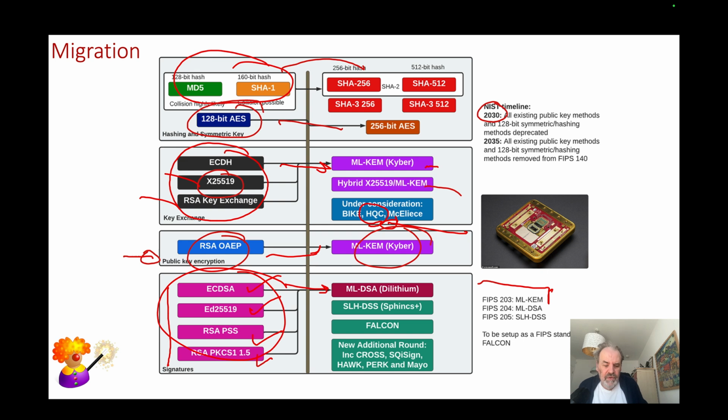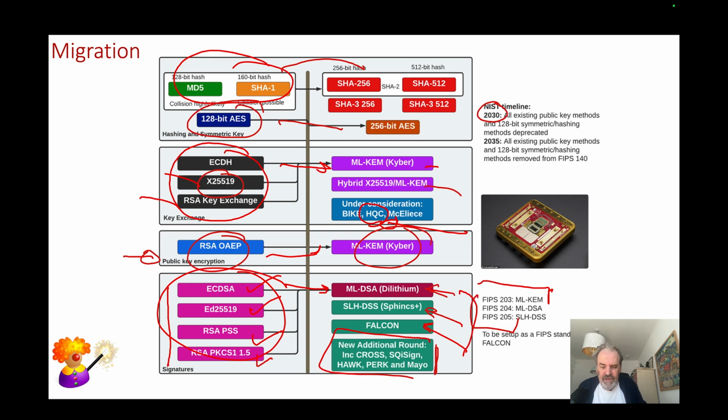And these will move towards Dilithium, which is ML-DSA, SLH-DSA, which is SPHINCS+, that's a hash-based method, and Falcon, which is a lattice-based method. It has the advantage of having smaller keys than Dilithium, but the performance isn't as good. And then there are other methods which are going forward towards standardization too.